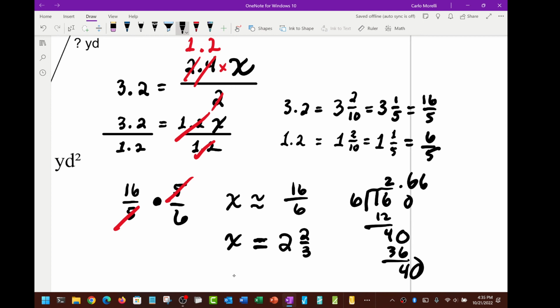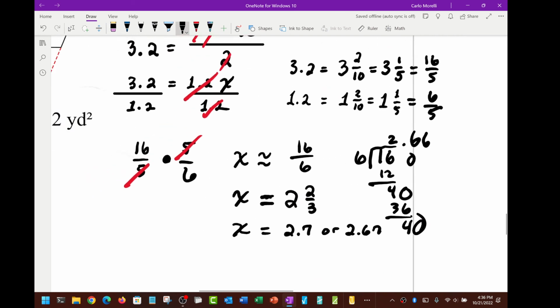Because 0.666666, that's 2/3. So 2 2/3. But if we were going to round it, for example, because Kuta wanted the decimal, we could say 2.7 or 2.67, whatever they want, or something like that.